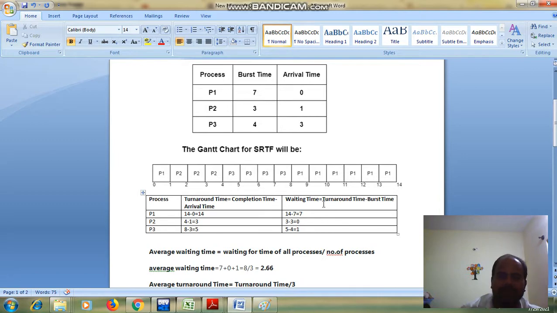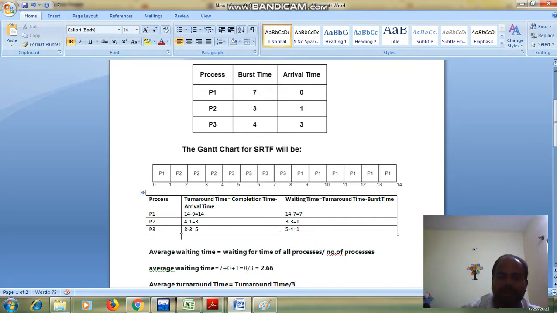Now waiting time is equal to turnaround time minus burst time. For P1, the turnaround time is 14 and the burst time is 7, so 14 minus 7 is 7. For P2, the turnaround time is 3 and the burst time is 3, so 3 minus 3 is 0.